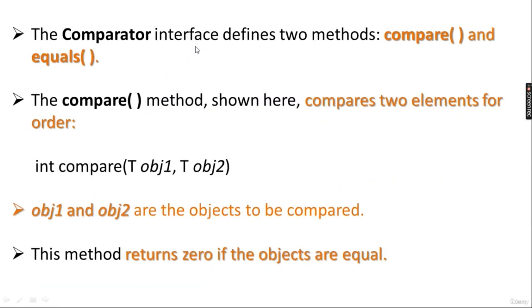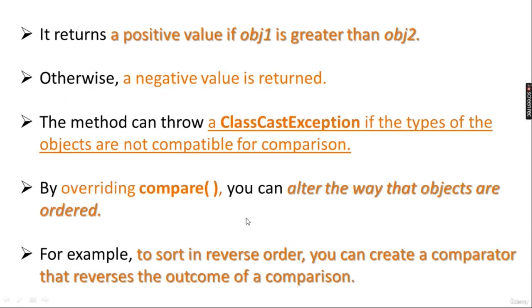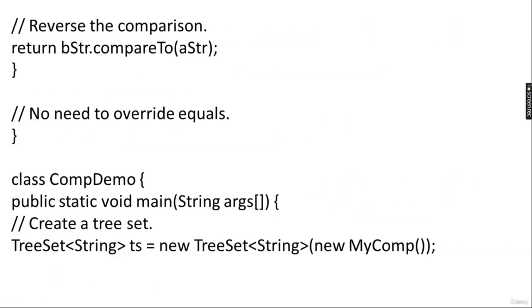So what we have seen: compare takes object 1 and object 2, the objects to be compared, and if both are equal, it will return 0. If object 1 is greater, it will return a positive value. If object 1 is lesser, it will return a negative value. So b.compareTo(a), no need to override the equals method over here.